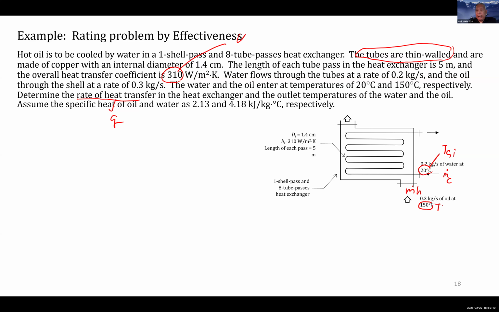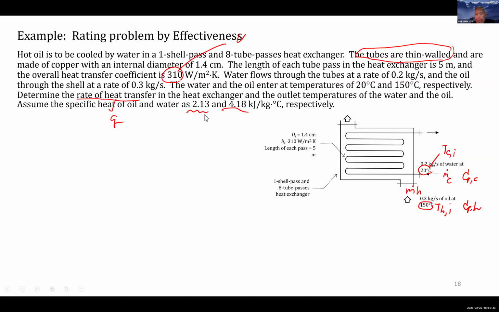The inlet temperature of the hot fluid is given. Cp of water and the oil is given. So CpC is fine. CpH is given. This is for water. This is for the oil.